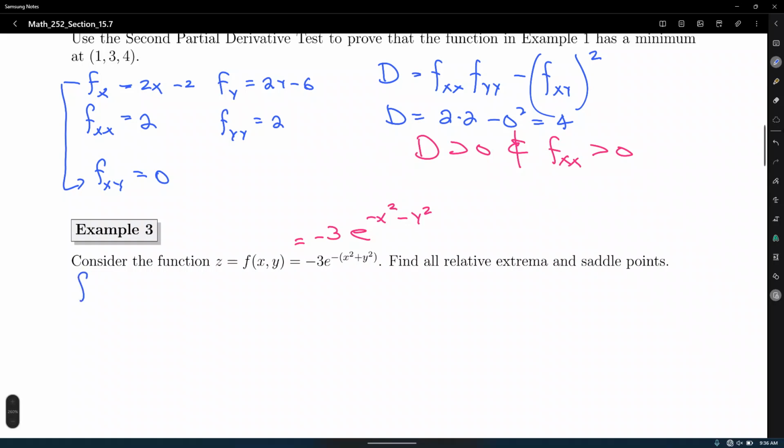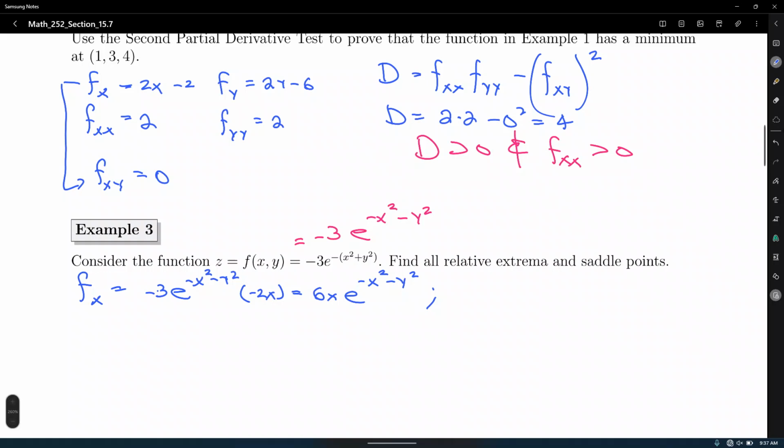Number one, partial with respect x. That equals itself, negative 3 e to the negative x squared minus y squared, and by chain rule this is times negative 2x, which will be equal to positive 6x e to the negative x squared minus y squared.